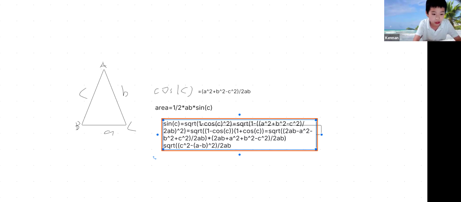And then we multiply this side, a plus b squared minus c squared over 2ab.